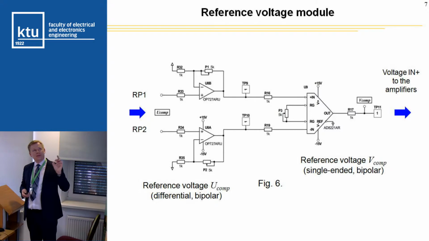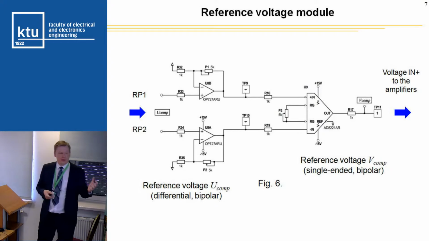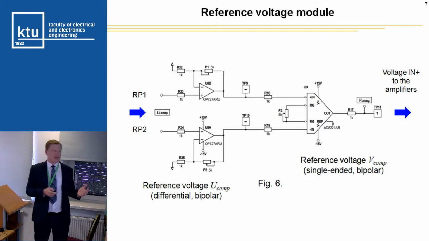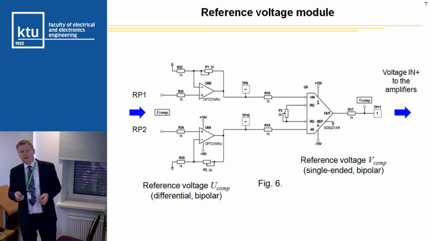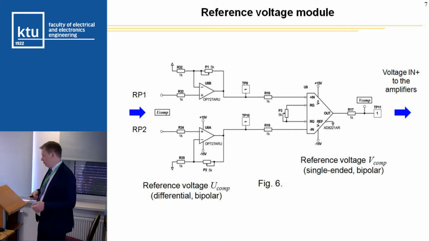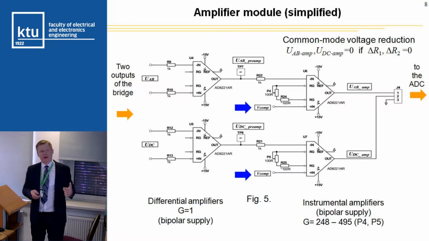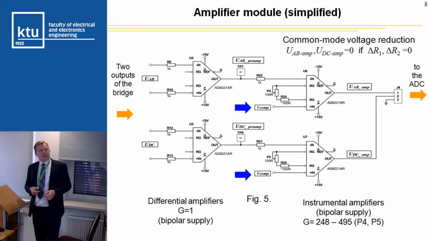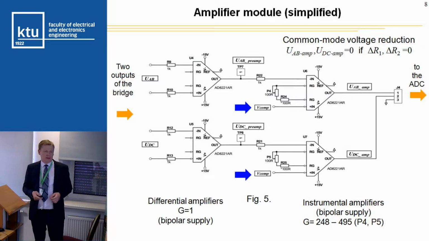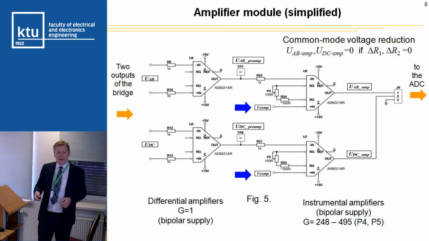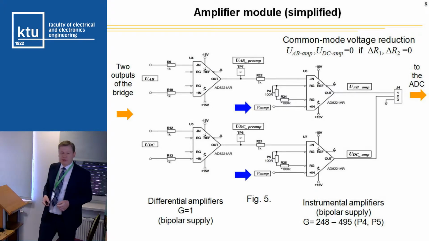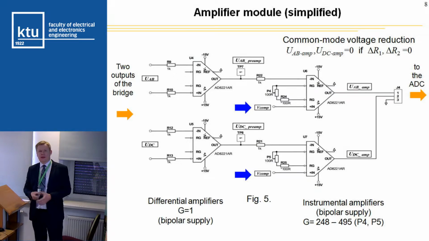And this is just the first part, which is to create reference voltage, to convert differential voltage into single-ended voltage, and to give it to the input of amplifiers. These voltages from the diagonals of the bridge are amplified, firstly by differential amplifiers, and then by instrumental amplifiers, and gain is in this range.